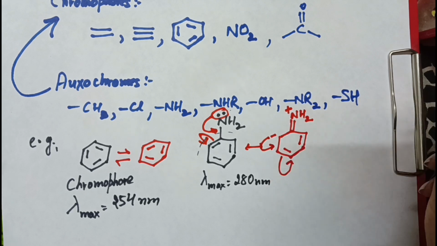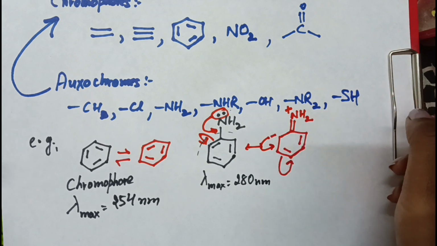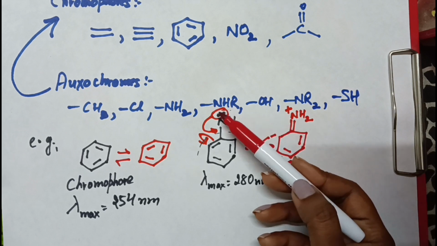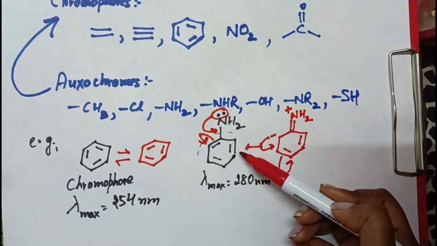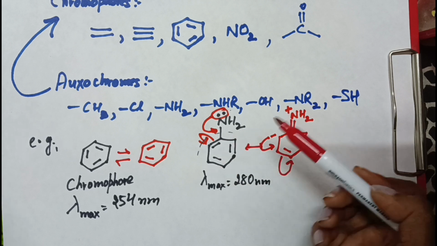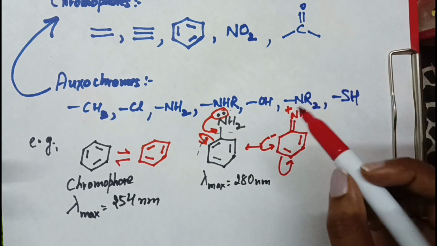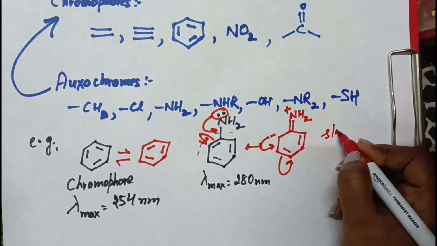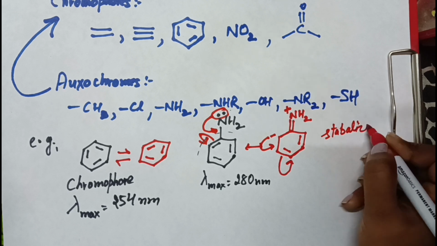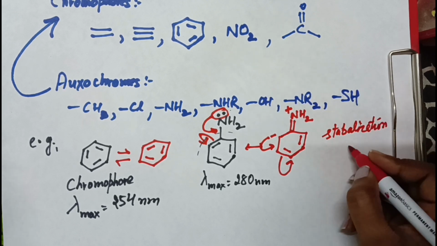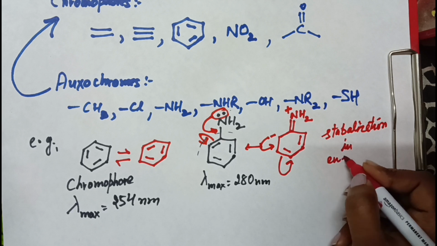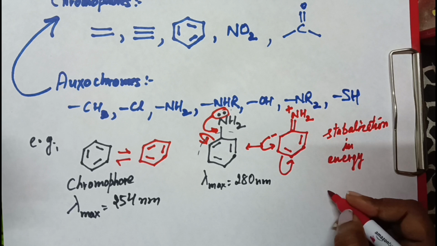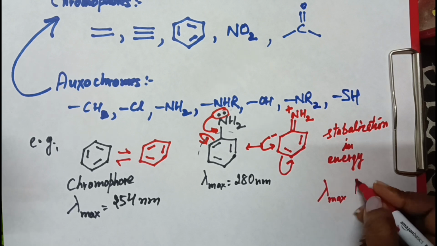After that, this continues on and on. You can make the resonating structures on your own, but the main point is that after attaching this particular auxochrome with this chromophore, the resonating structures have been increased. If resonating structures are increased, that means there is stabilization of energy. Stabilization in energy means lambda max increases.